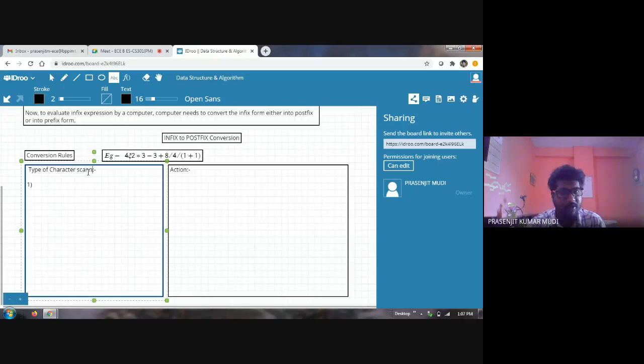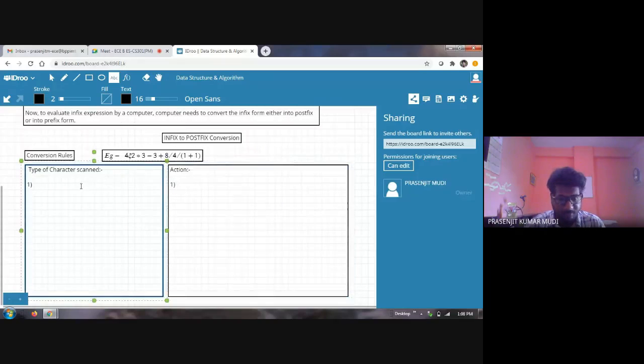This is a very important, very popular question: infix to postfix conversion, infix to prefix conversion, postfix to prefix conversion, or prefix to postfix conversion, or vice versa. These are very important theoretical questions. So based on the type of character scanned, what action does the computer take? What is the rule to take some action?